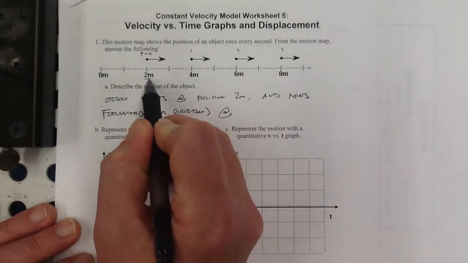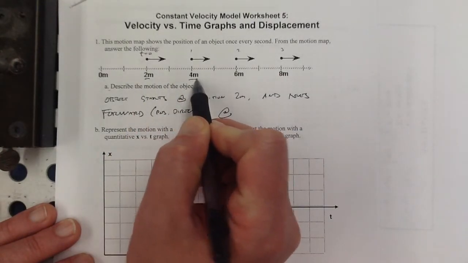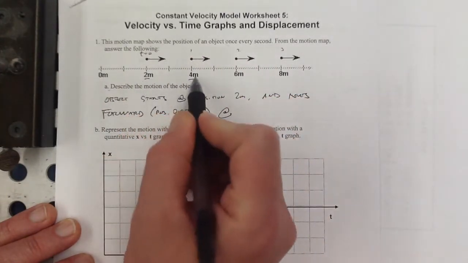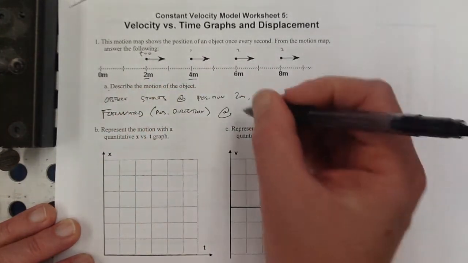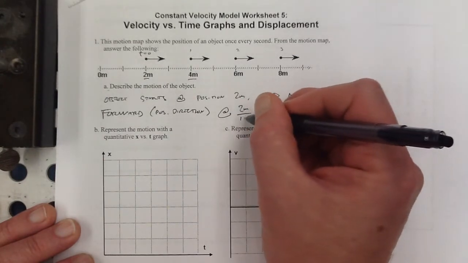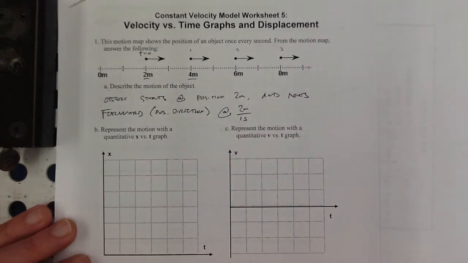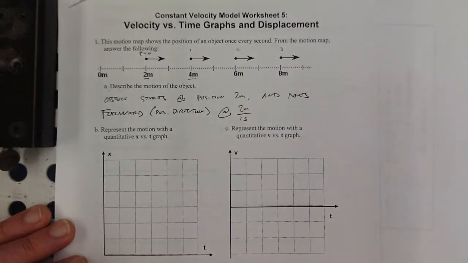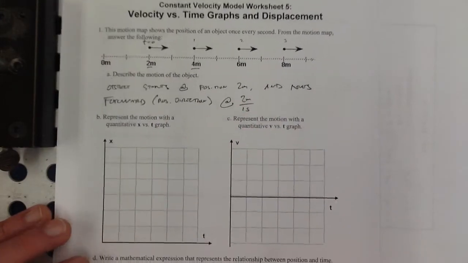It's going 2 meters, and the dot is, each dot is 1 second, so 2 meters from here to here in 1 second. And that's all there is to say. It starts at 2, and it's going 2 meters per second in the positive direction.